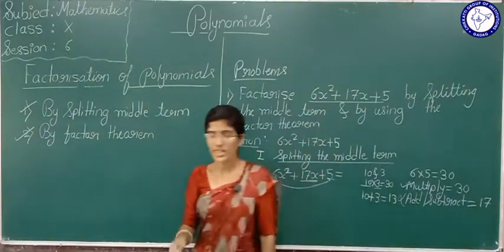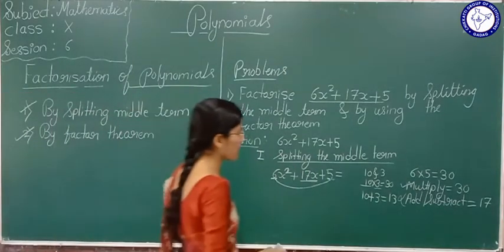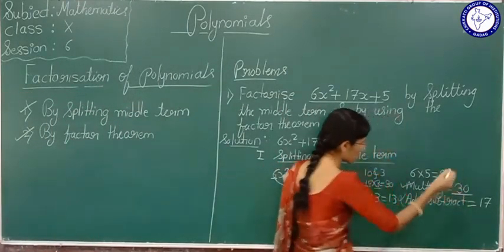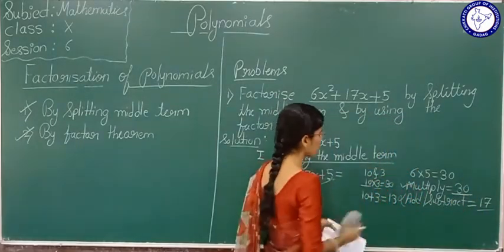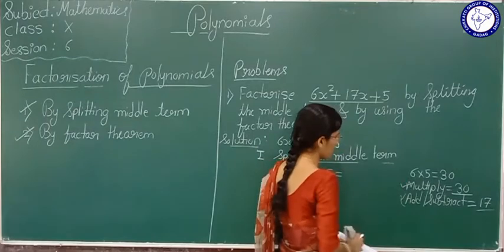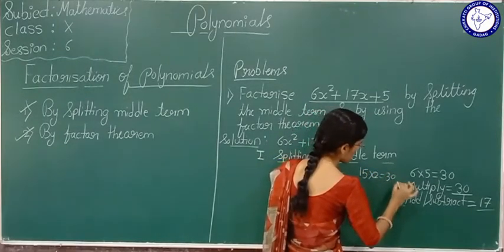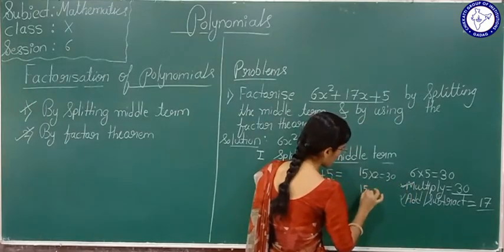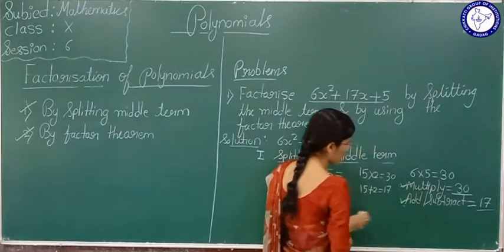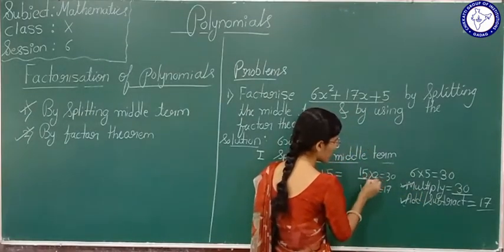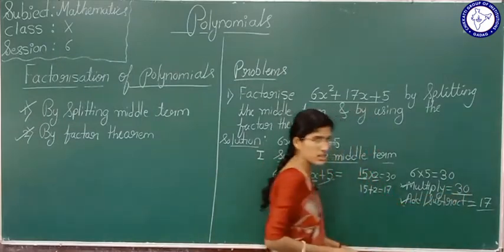I want 17. You have to take two numbers such that if you multiply, 30 should come, and if you add or subtract, 17 should come. Which are those two numbers? Can we go for 15 and 2? 15 twos are 30, it is satisfied. 15 plus 2 is 17. This condition is also satisfied. So 15 and 2 are the numbers satisfying these two conditions.